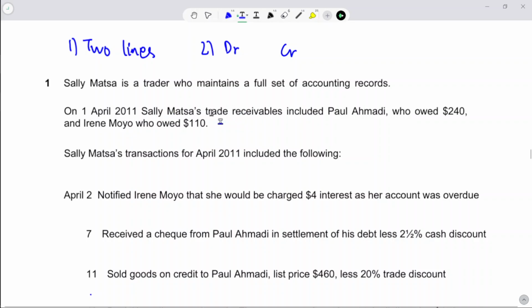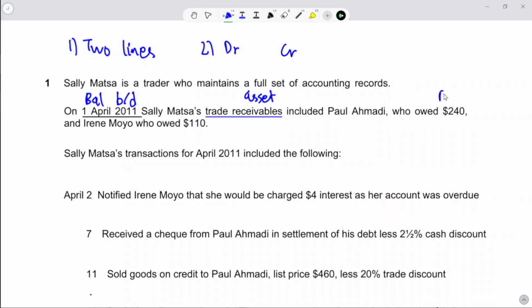This one, trade receivable, is actually an asset, right? So this one at the first day is actually balance b/d.